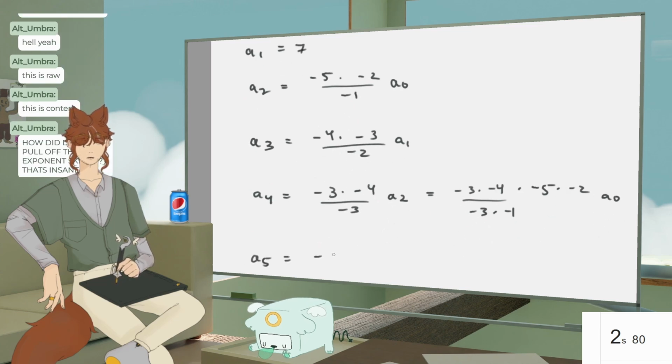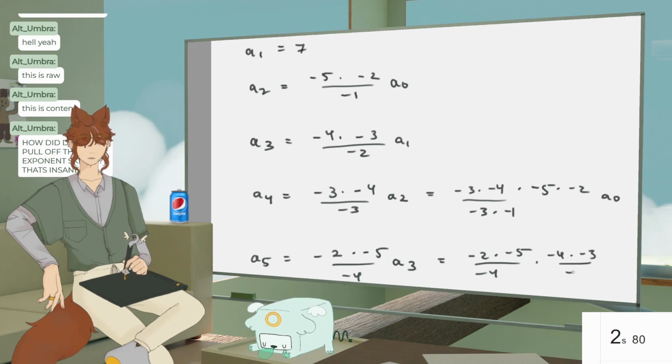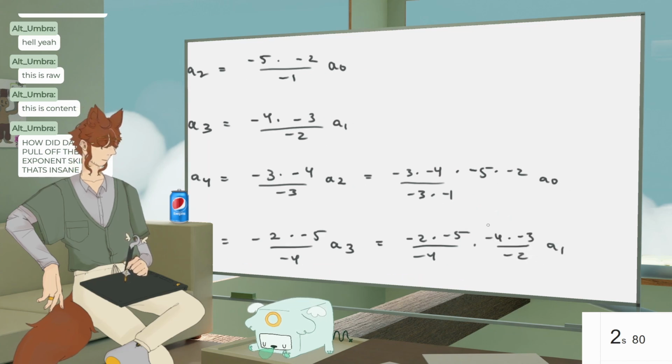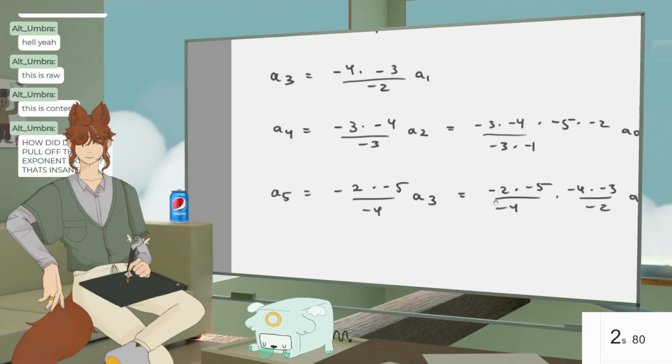A5 equals negative 2 times negative 5 over negative 4. A3 equals negative 2 times negative 5 over negative 4 times negative 4 times negative 3 over negative 2, A1. I did pull up the exponents kit.